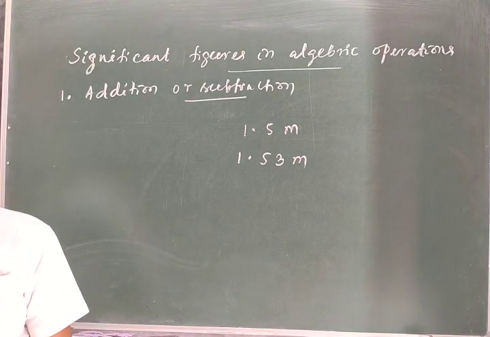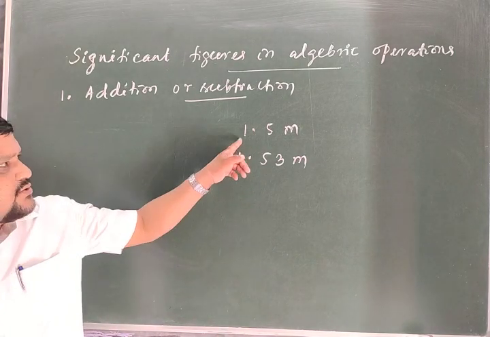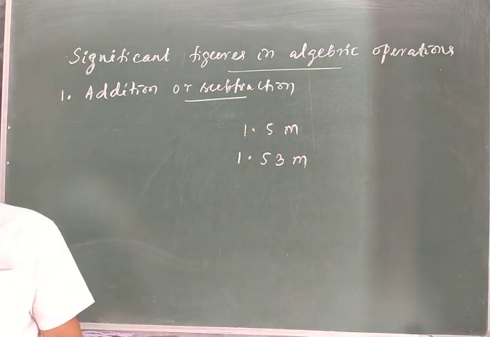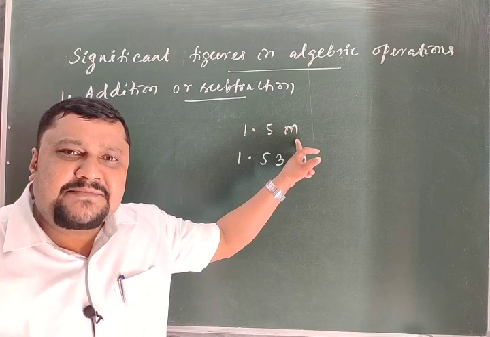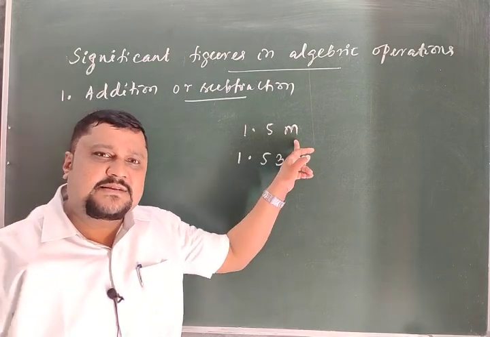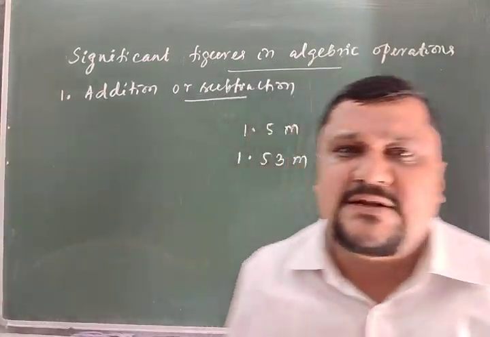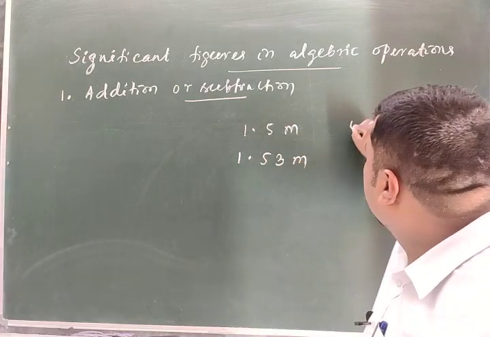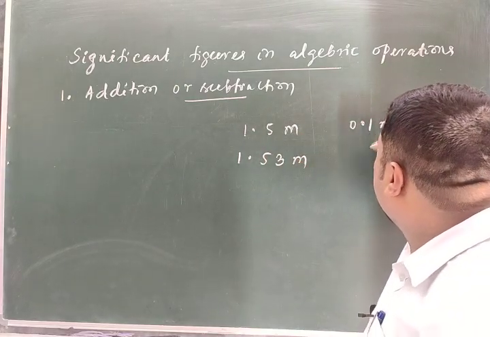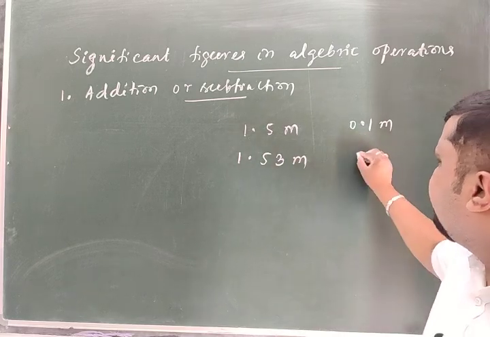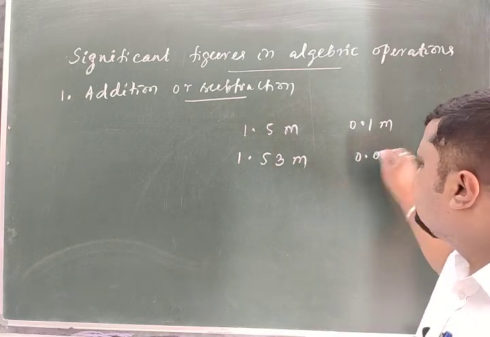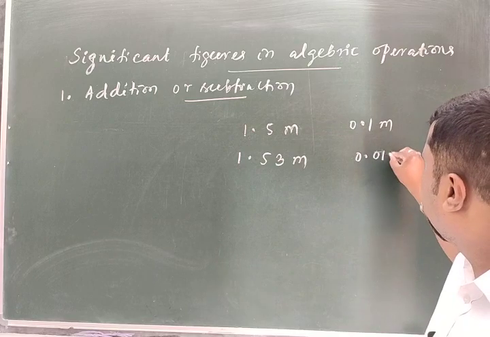So in this case, if you compare these two, which one is less precise? This one, because it is measured by a scale which has a precision of 0.1 meter. But here it is measured by a device where the precision is 0.01 meter.